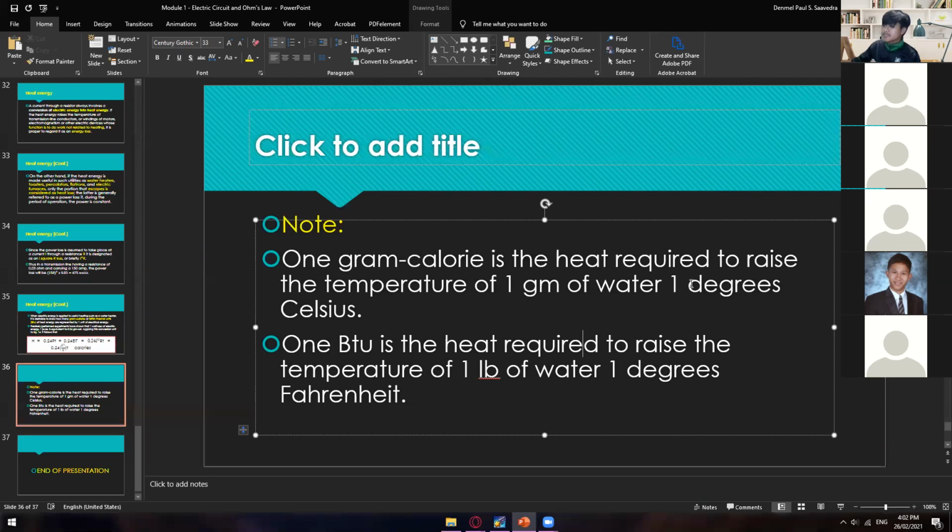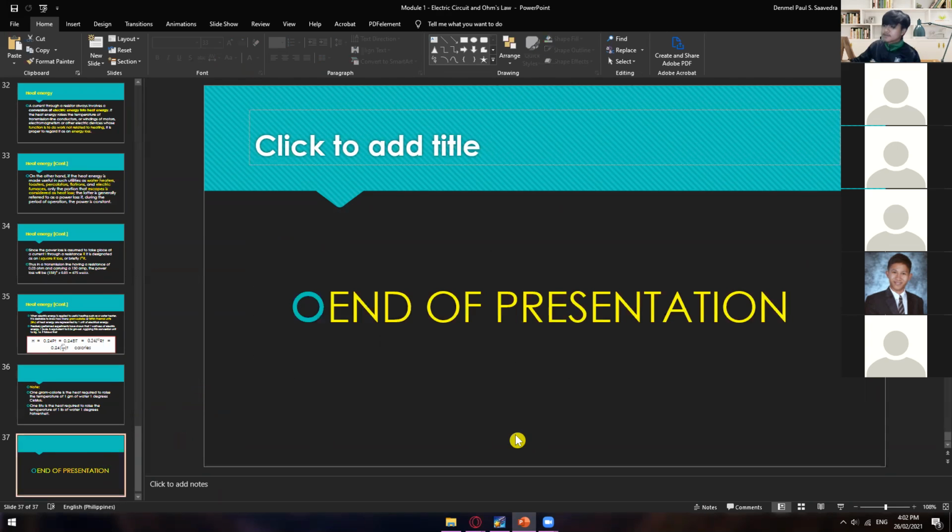So in terms of degrees Celsius, we have grams, and if we have Fahrenheit, we have pounds. Okay, so that's it for Ohm's law. Not really Ohm's law, but series only. No parallel for now. Later on, we'll discuss the parallel circuits.